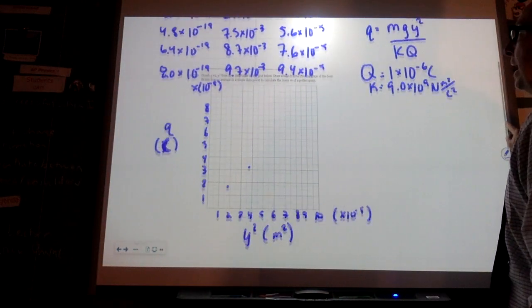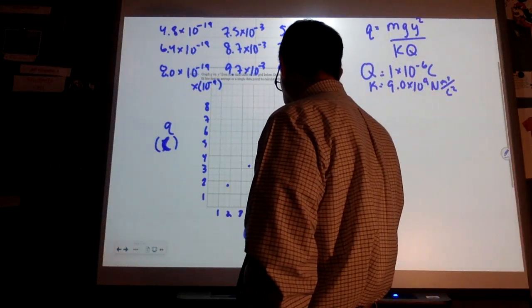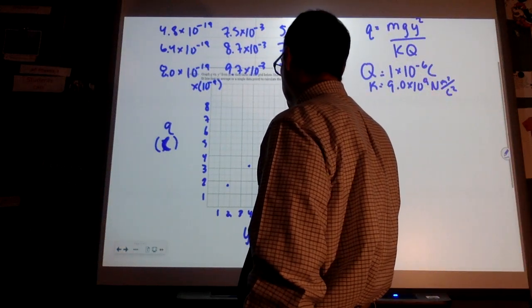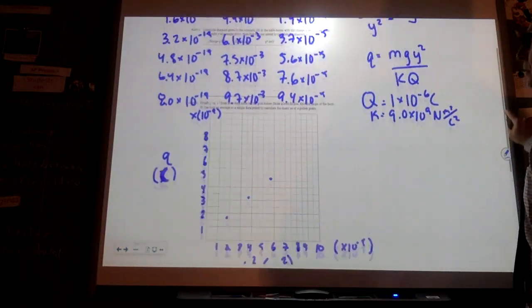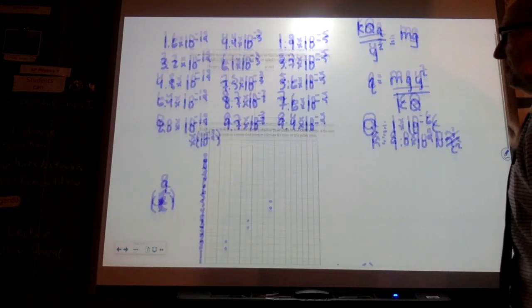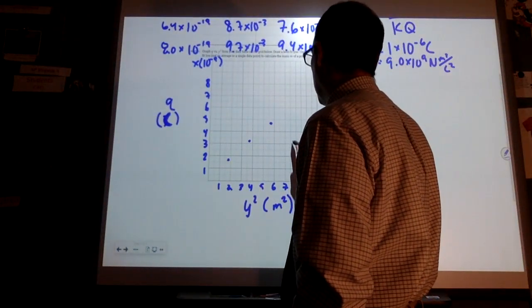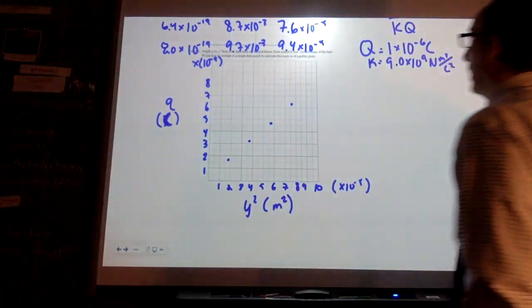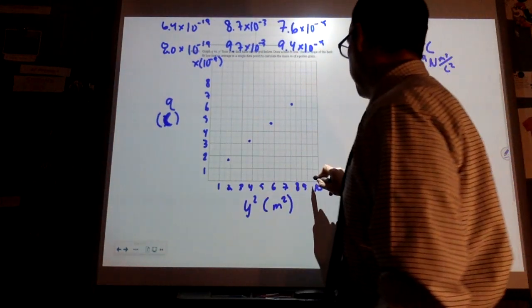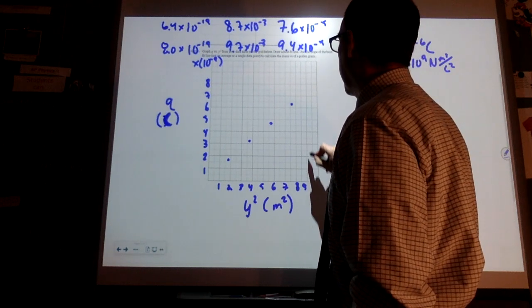Third one, I have 5.6 and 4.8, a little bit past half. Then I have 6.4 and 7.6, so 7.6 over, 6.4 up. And then my last one, I go 9.4 over, so almost to 9.5, and I go 8 up.